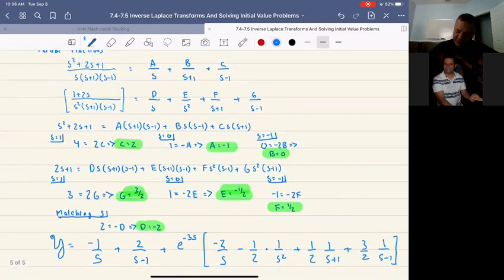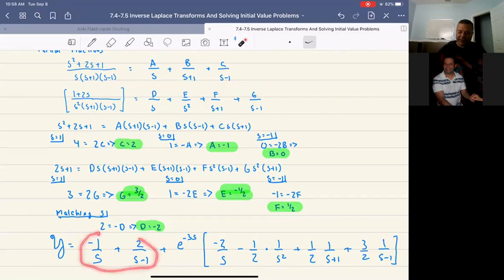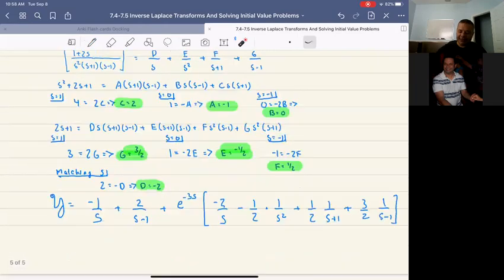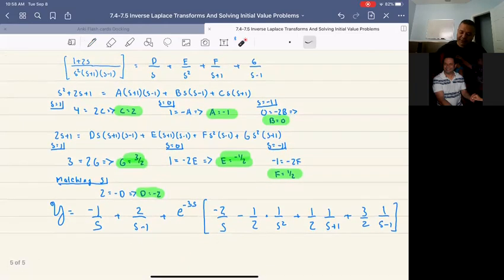Okay, so just going forward, I'm just picking it off. A over s, A was -1. B was 0, so that term went away. C was 2, so I put that 2 over s minus 1. Then we had the e to the -3s on this stuff. D was -2.